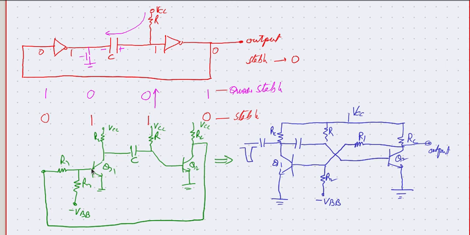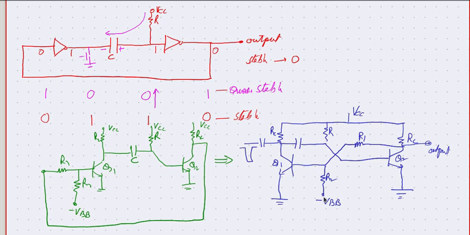Q1 base is connected to collector of Q2 through R1. Q1 base is connected to minus VBB through R2.